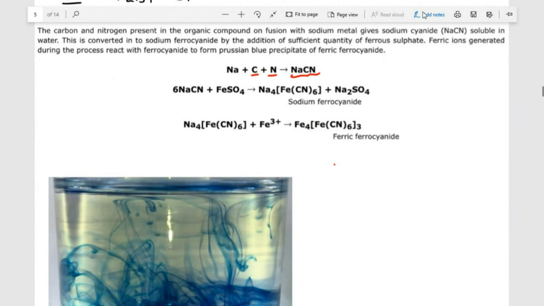So our unknown compound present in Lassaigne's extract is NaCN. In that NaCN, we will add acidified ferrous sulfate, with the help of concentrated sulfuric acid.